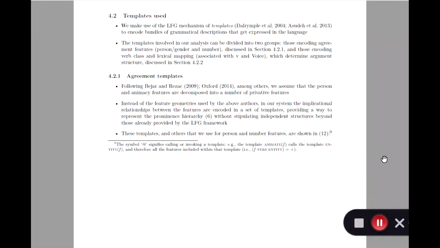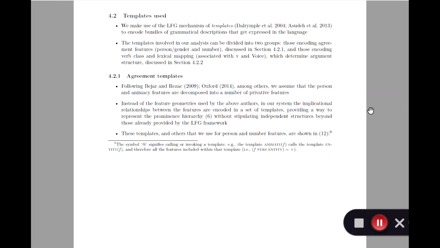For these, we're basing this on an idea that has been standard in analyses of Algonquian languages, at least since Béjar and Rezac 2009, which is the claim that the prominence hierarchy, instead of having to be a separate structure, is actually encoded by decomposing person and animacy features into a number of privative features, so that elements that are higher on the hierarchy have a greater number of features, and elements that are lower in the hierarchy have a lower number of features, and that these features are in an implicational relationship.